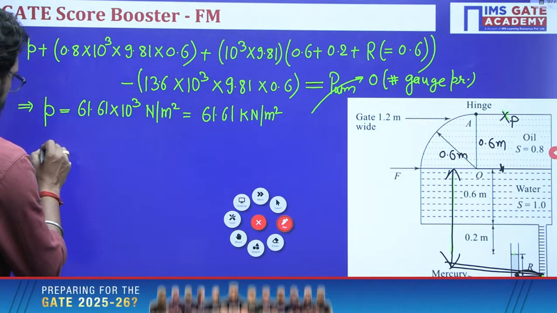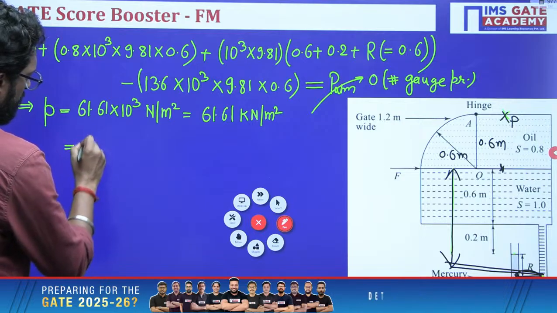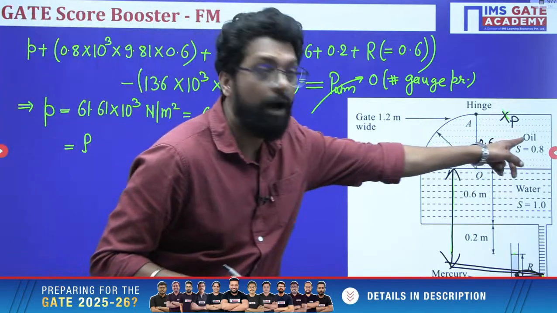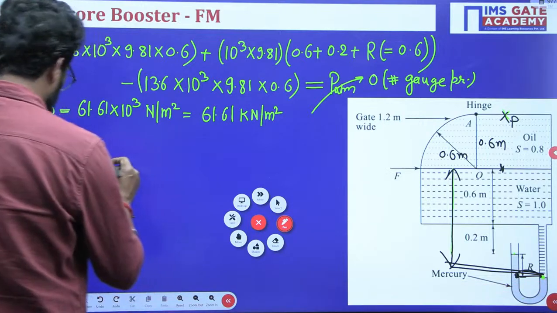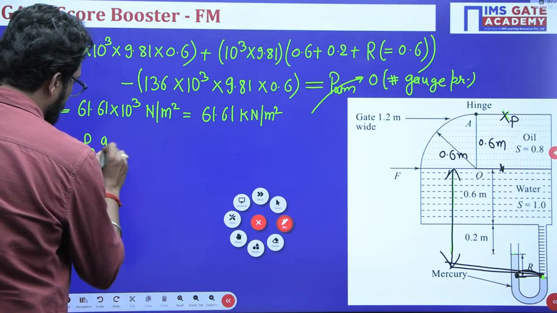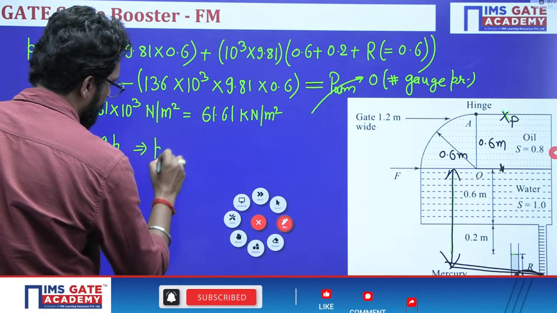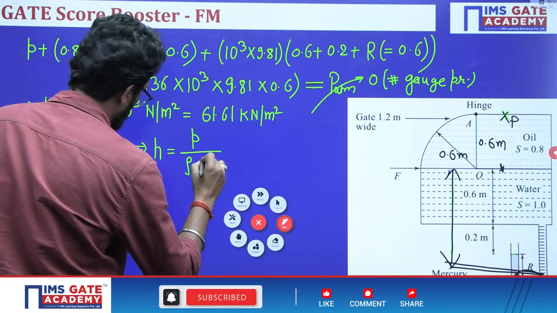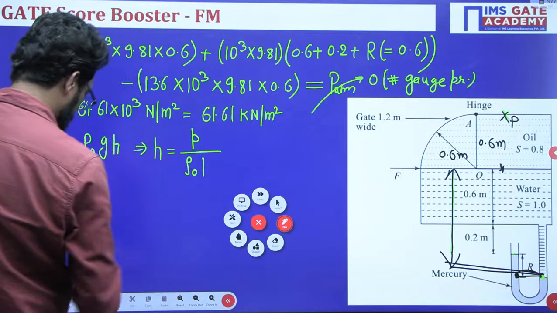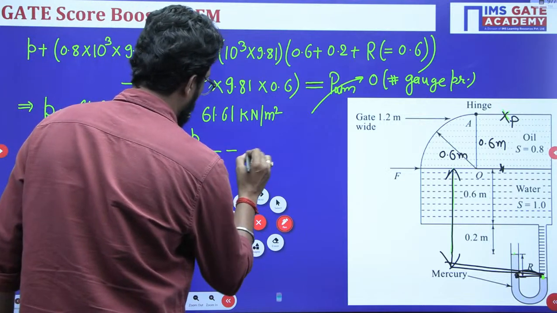What is the head? This pressure is rho g h. What is the rho? Here it is oil, so rho of oil g h. So from here h is P by rho oil into g. So what is the P value?